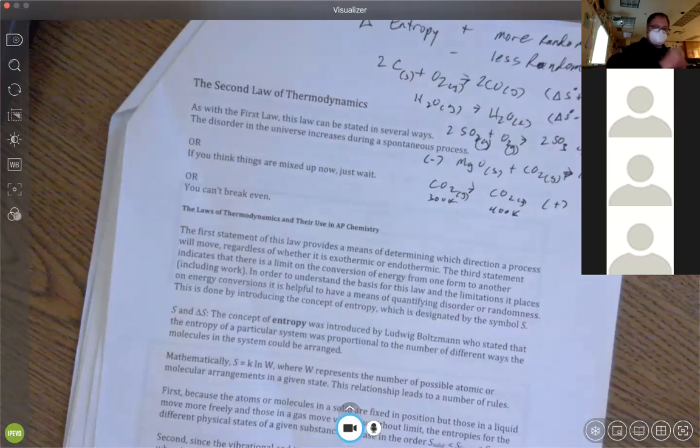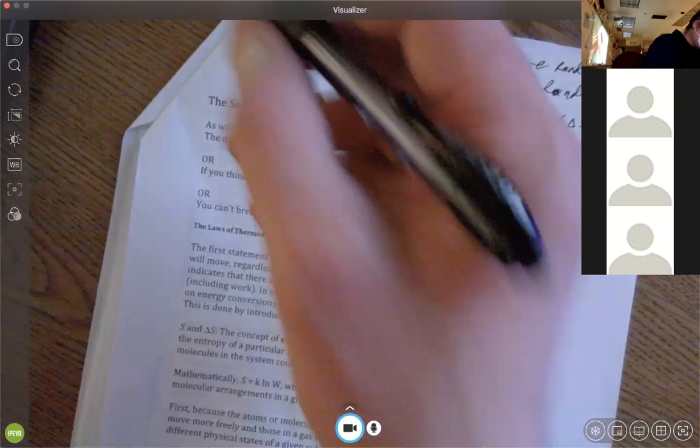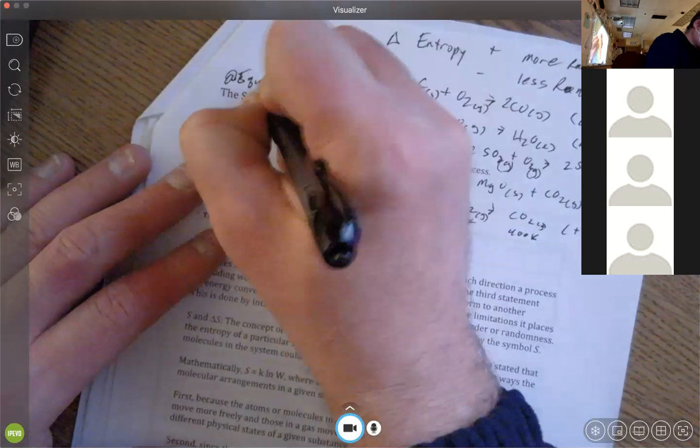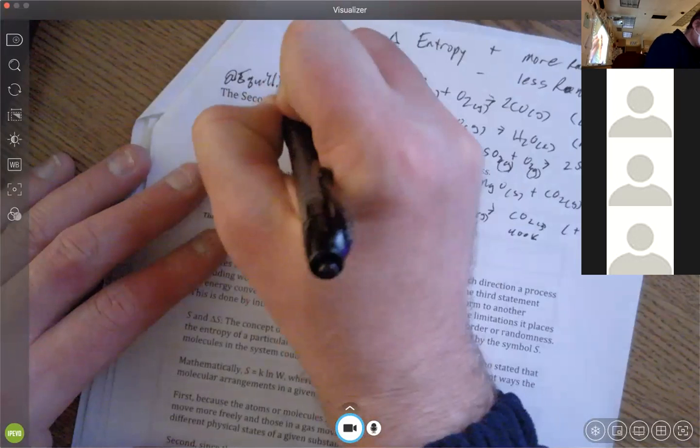Because you have something changing and becoming more random, and then you also have the reverse of that. Since it's a dynamic process, both things are occurring at the same time. So whatever's becoming random, there's an equal amount of stuff becoming organized at equilibrium. So at equilibrium, delta S equals 0.